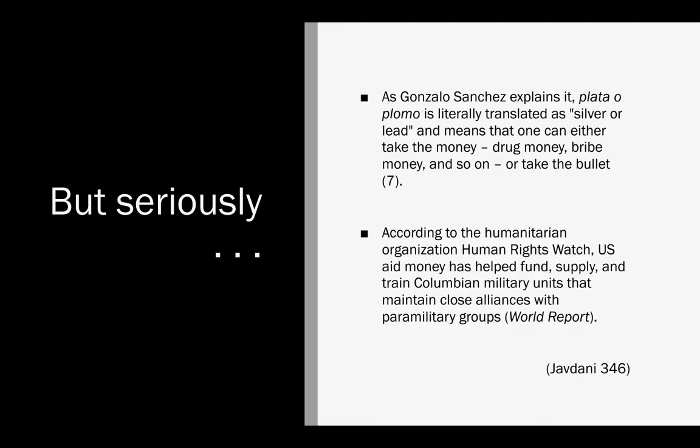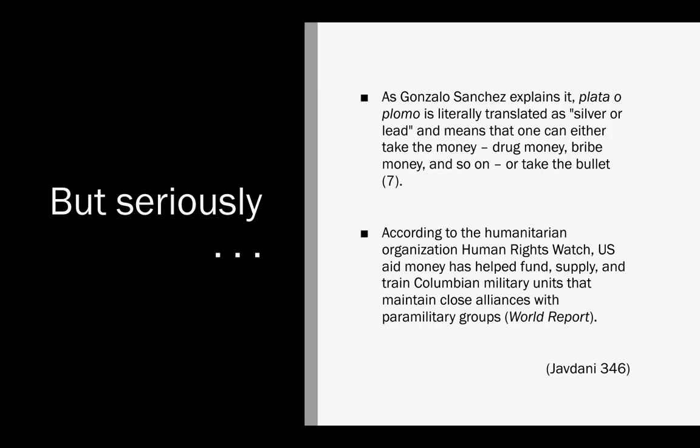Here are 2 examples of source use from an MLA cited essay, Marie Javdani's Plata o Plomo, which you will find in your Brief Bedford Reader. As Gonzalo Sanchez explains it, plata o plomo is literally translated as silver or lead and means that one can either take the money, drug money, bribe money, and so on, or take the bullet.